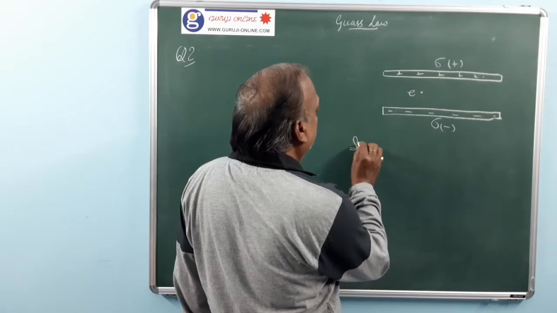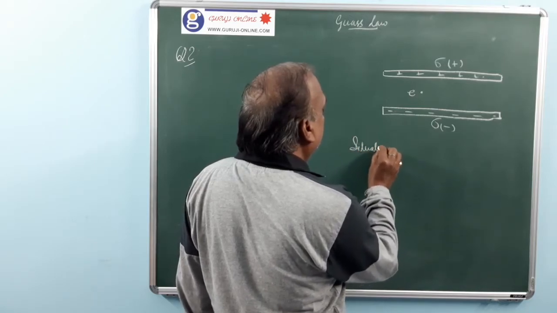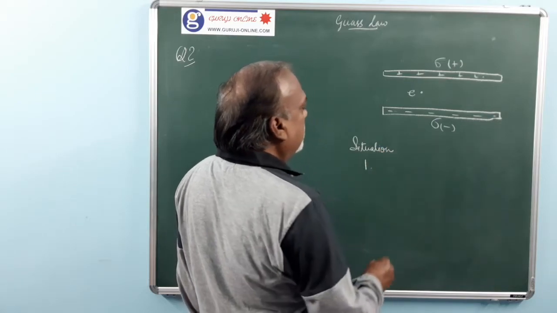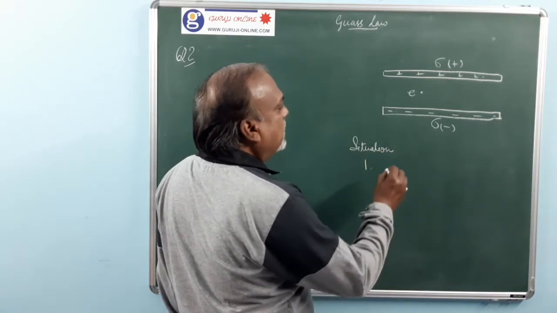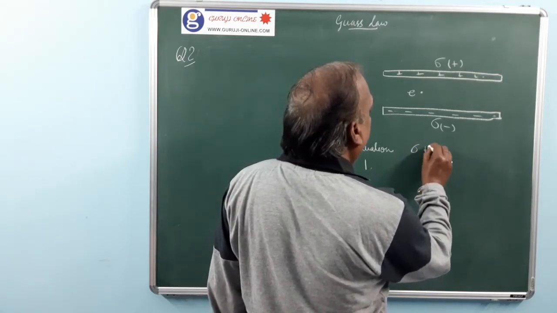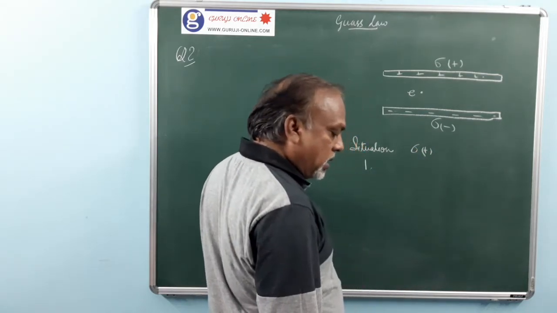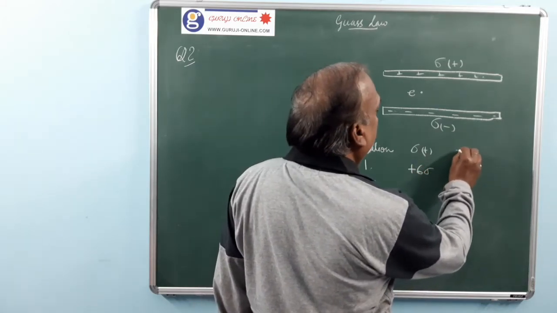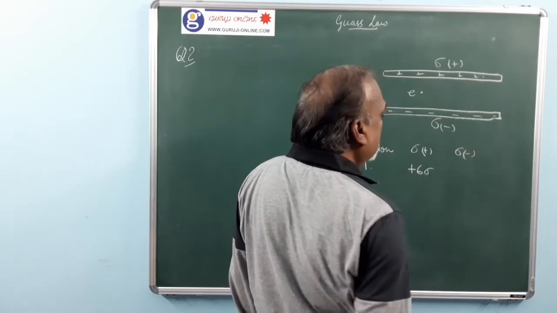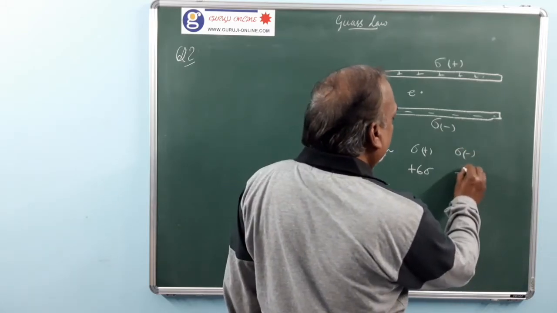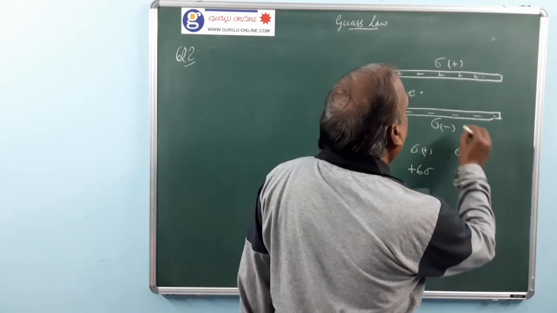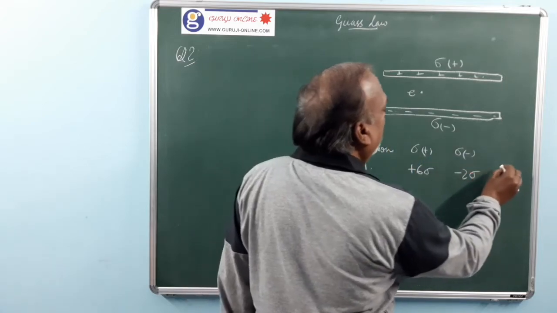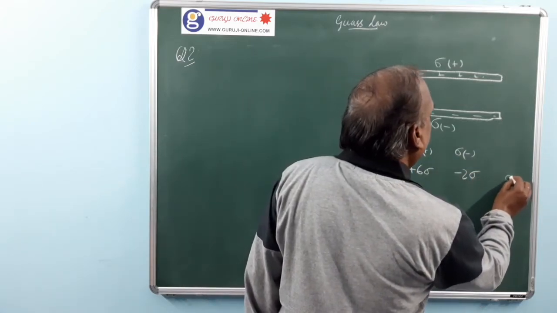Situation number one, your sigma plus is plus 6 sigma, sigma minus is minus 2 sigma, and the distance between the plates is d.